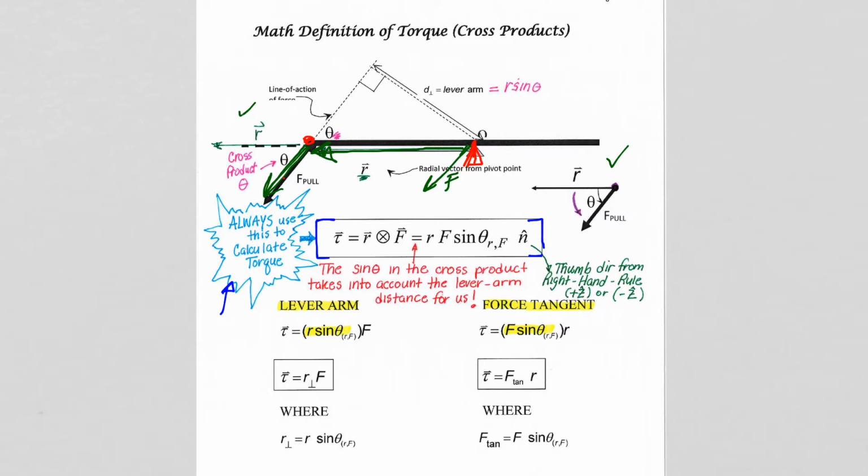We'll always be working in the plane of the page, so you're either going to be karate chopping or reverse karate chopping. So your index finger basically is going to be the vector R, and you're going to point your index finger of your right hand in the direction of vector R, either in a karate chop position or a reverse karate chop position. You're going to make a fist, and you're going to stick your thumb out, which will be out of the page or into the page.